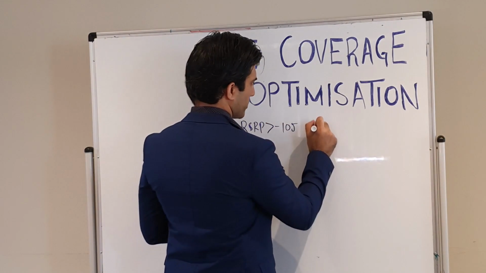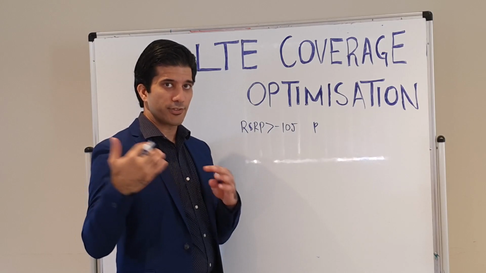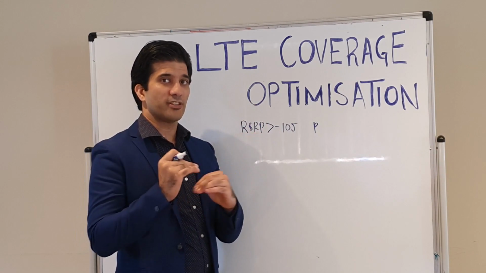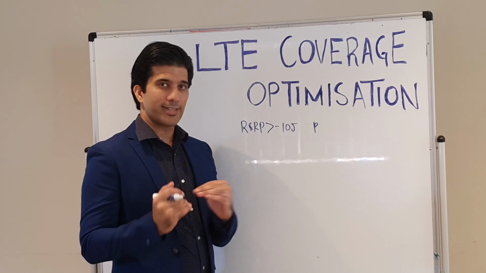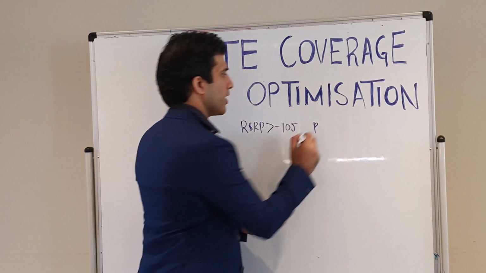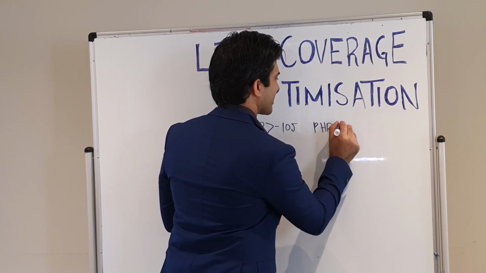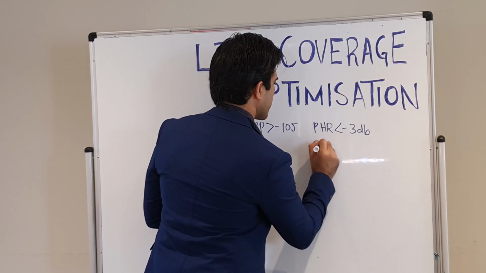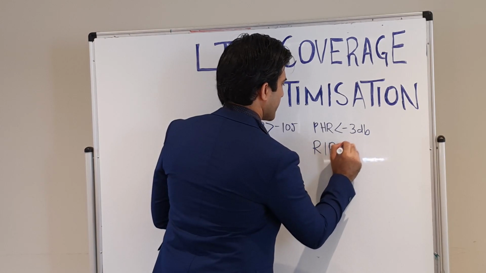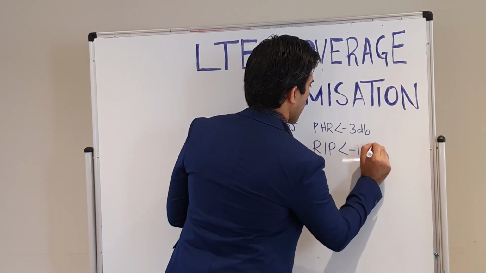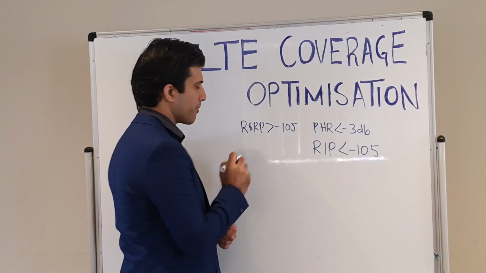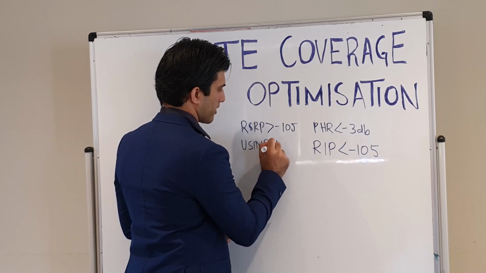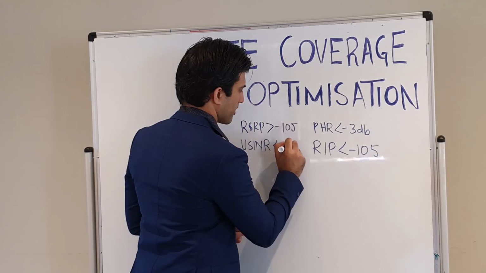Your power headroom, which we discussed earlier, which your UE sends to your E node B in terms of how much power is left for the UE transmission power, is less than -3 dB. Your received interference power is less than -105, and your uplink SINR is less than 90.